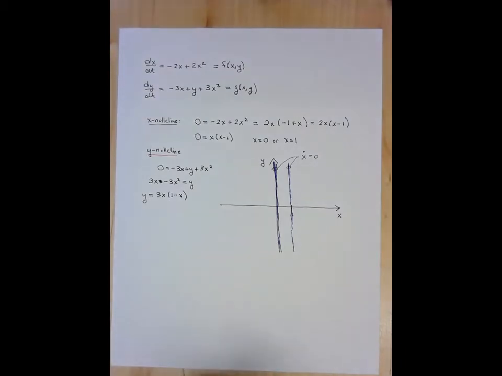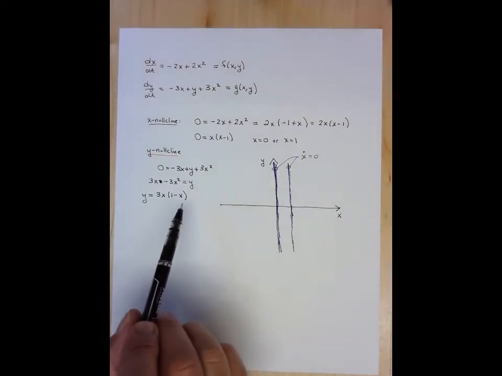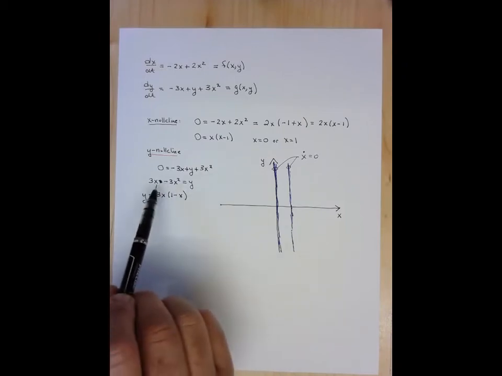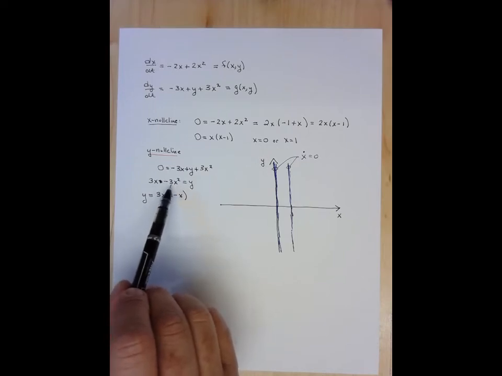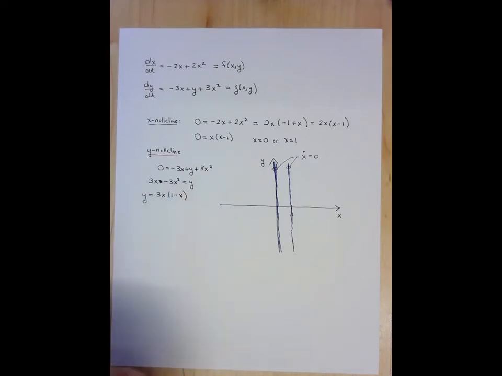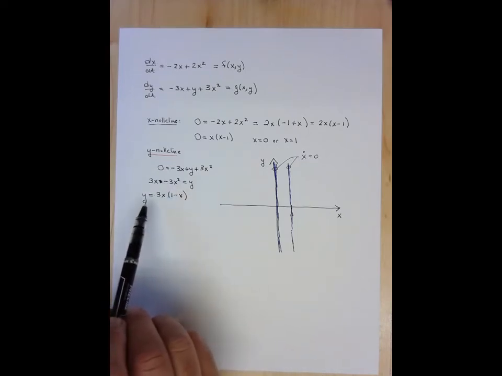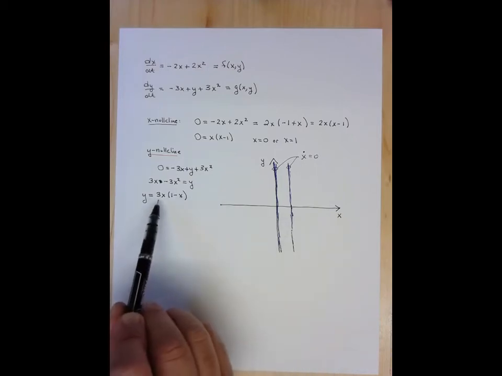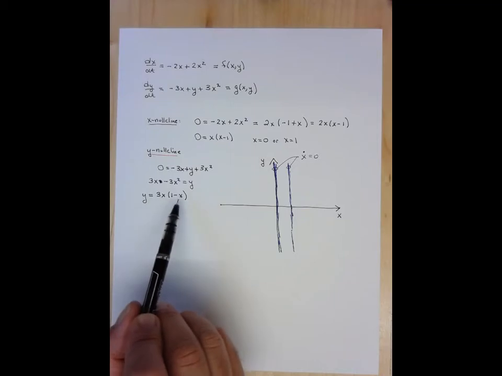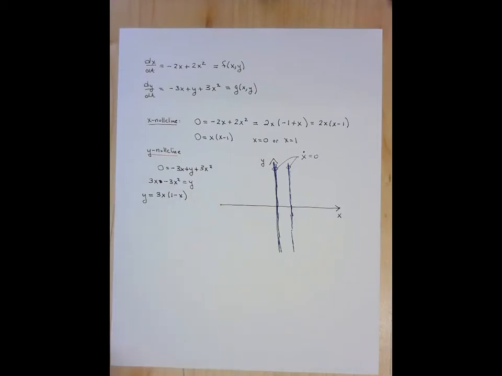So this is the equation for the y nullcline, and it will be a concave down parabola. I can see that because of the negative sign in front of the x squared term. And this concave down parabola will intersect the horizontal axis at 0 and 1.